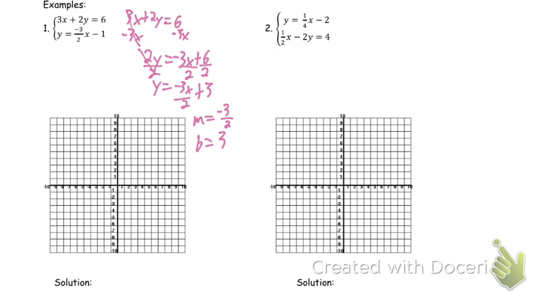So I have to go up 3 for my y-intercept. And then for my slope, I'd go down 3 and right 2. Very good. Or I can go up 3 to the left 2, okay? And if I'm worried about being precise, I can keep on just drawing down 3 to the right 2, down 3 to the right 2.